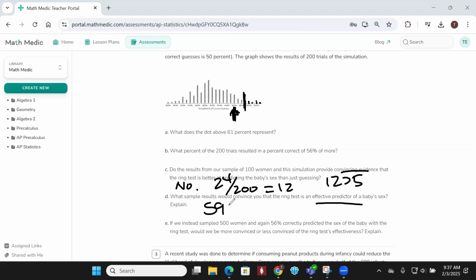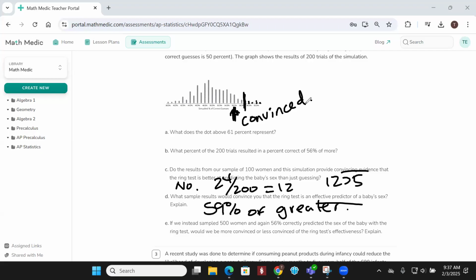Okay, so 59% or greater. So we would be convinced at this point that the ring test would be better than just simply going, I think it's a boy or a girl, right? Not binary.